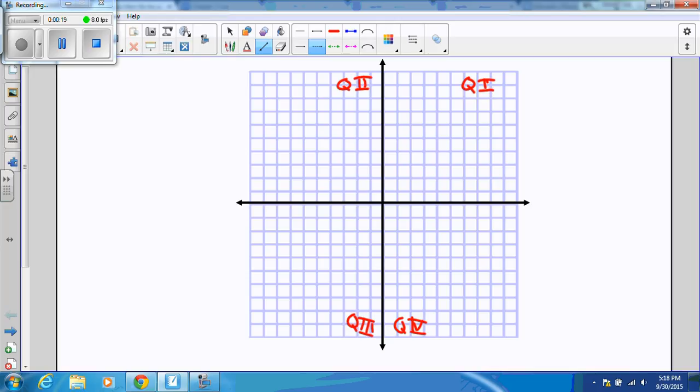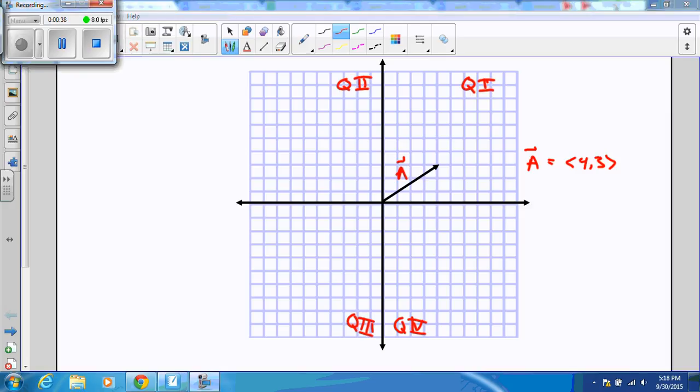So here it is. If my vector is in quadrant 1, let's say it is the vector 4, 3. So here's my vector A, which is 4, 3. And I wish to convert that into polar form, and so I do the usual. First I compute the magnitude, which is equal to the square root of 4 squared plus 3 squared, which turns out to be exactly 5.